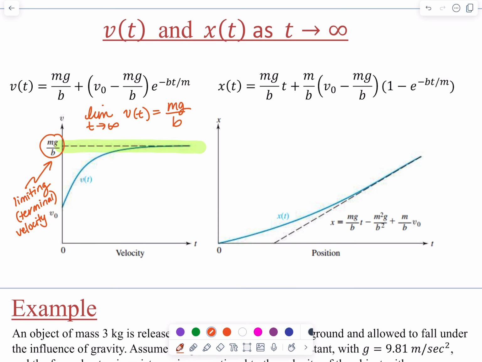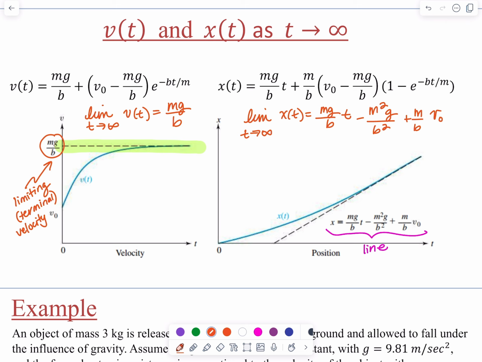Okay, so now let's take a look at our x of t function as t approaches infinity. We can see that the position x of t asymptotically approaches this line. And let's go ahead and write that down. So we have the limit as t approaches infinity of x of t, and that's going to be equal to mg over b multiplied by t minus m squared g over b squared plus m over b v naught.